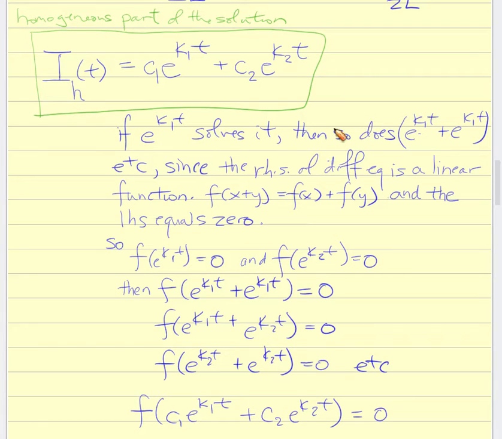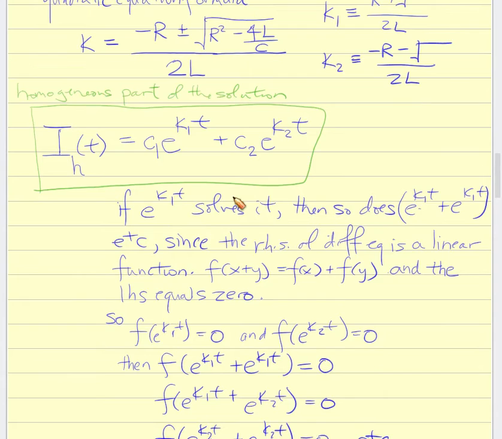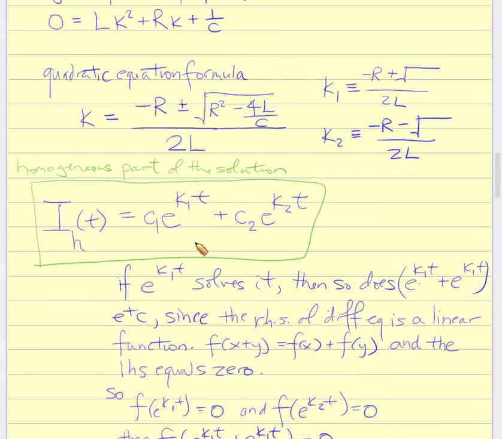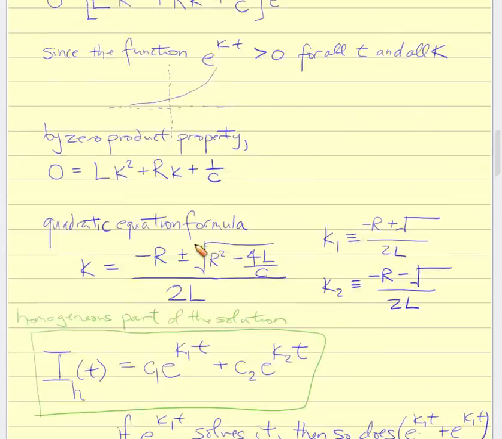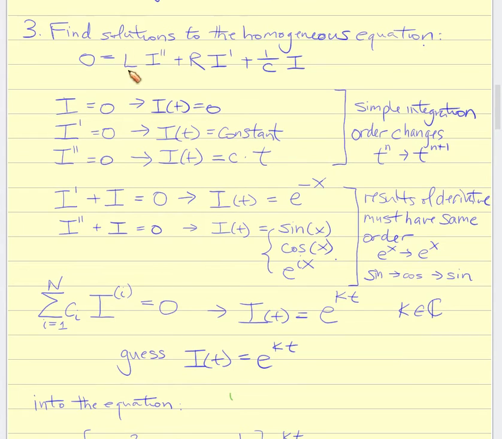Why does this happen? This is kind of like circular reasoning almost. It happens because of this property: the differential equation, this right hand side, this stuff here, is a linear function.